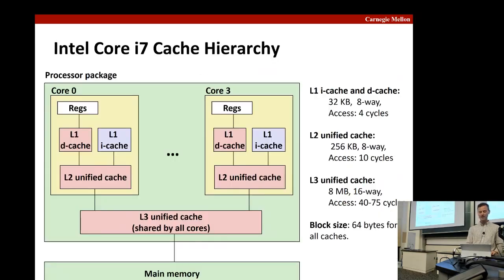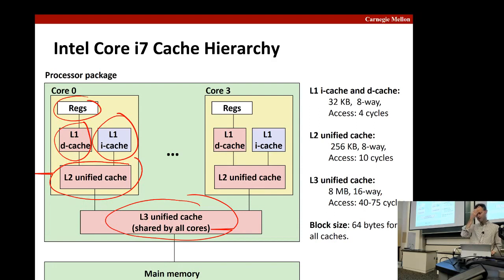Okay, so as I mentioned, in the Intel Core i7 processors, like the one we looked at before, there are registers, an L1 for data and an L1 for instructions, an L2, then an L3 that we saw in that die that gets shared among all the cores, and main memory. Here are some typical sizes: 32 kilobytes for each of the instruction and data caches, 8-way set associative. 256 for the L2, so not all that much larger, much larger for the L3, with even higher associativity.